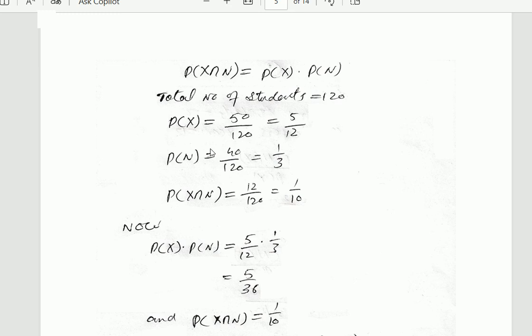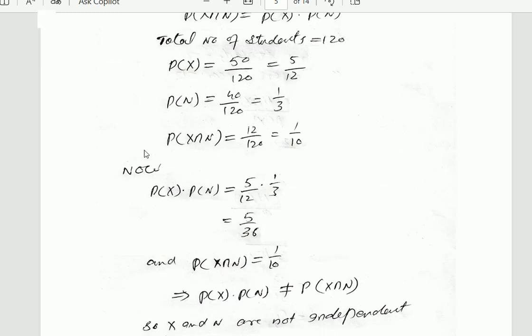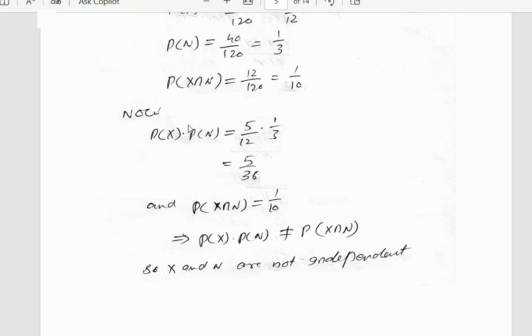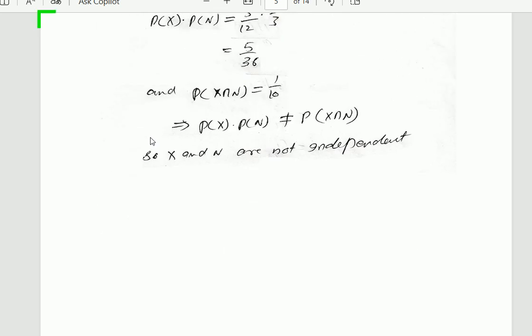P of X intersection N is equal to 1 by 10. By putting the values of P of X times P of N, after simplification, we get 5 by 36. As P of X times P of N is not equal to P of X intersection N, the events X and N are not independent.